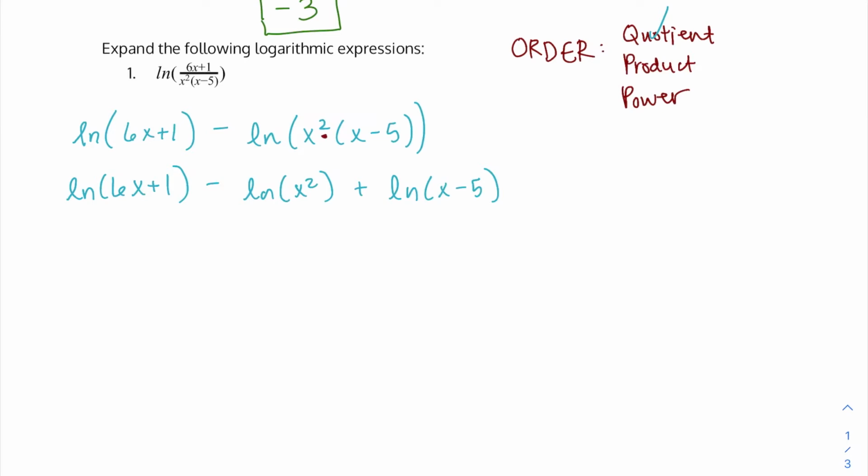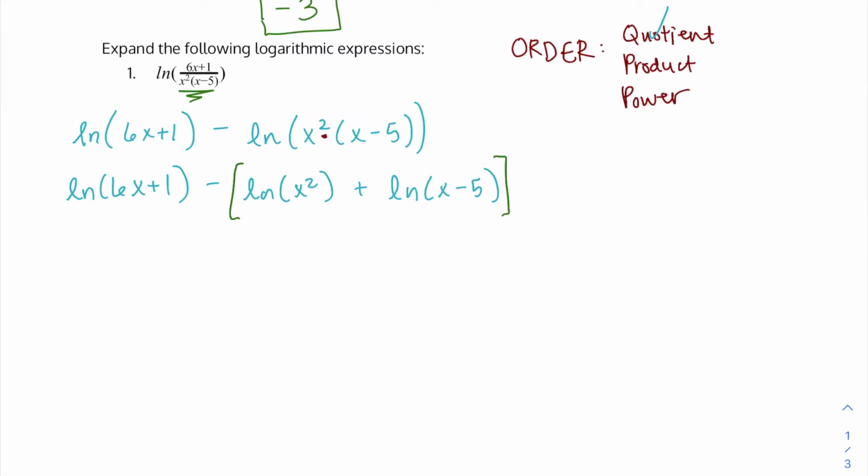expanding. When we expand, if we were to condense it, we have to get what we started with, right? If you expand something out and then recondense it, you better get what you started with. For this one, to indicate that, we have to put brackets around this addition to show that, yes, it is multiplied, but they are both being divided, right? 6x plus 1 is being divided by both x squared and x minus 5, which makes them multiplied in the denominator.